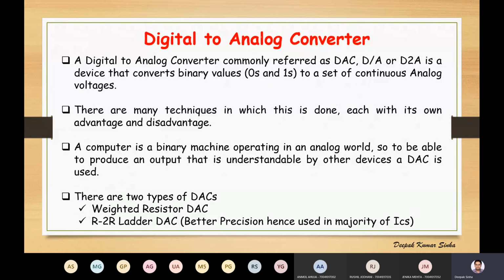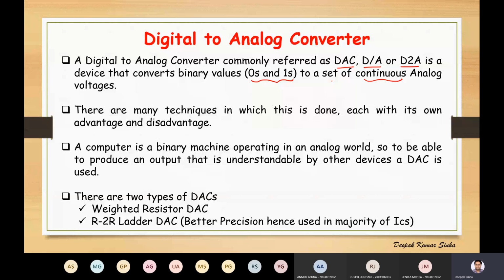These are all the names you can find in various books: DAC, D/A, D2A. It converts the binary values into a set of continuous analog voltages. With this digital to analog converter, we will be generating different waveforms.